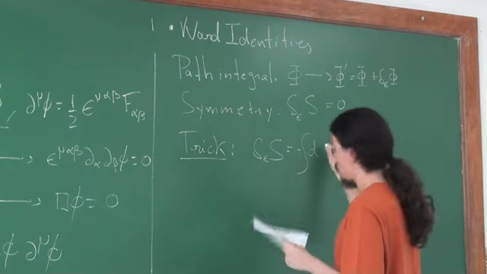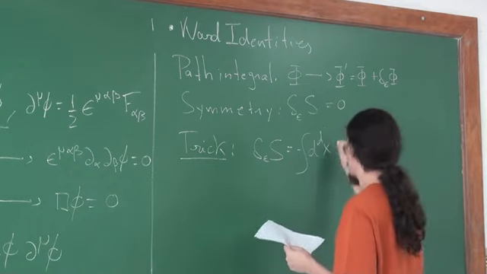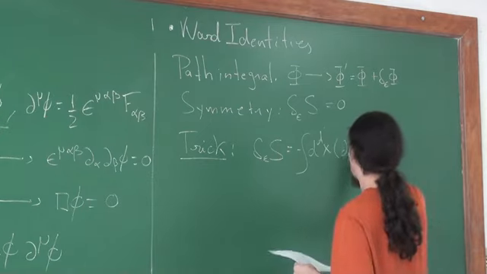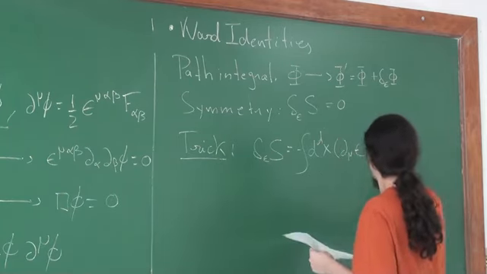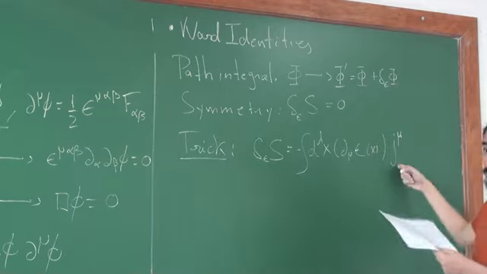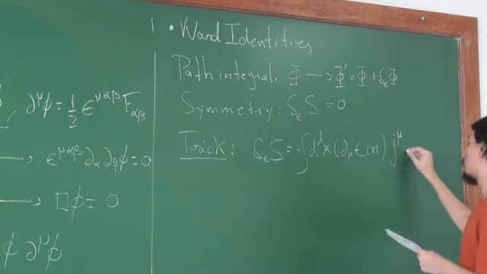Doesn't matter much. The point of the trick is that the variation of the action will be something like this. A will be the associated conserved current.